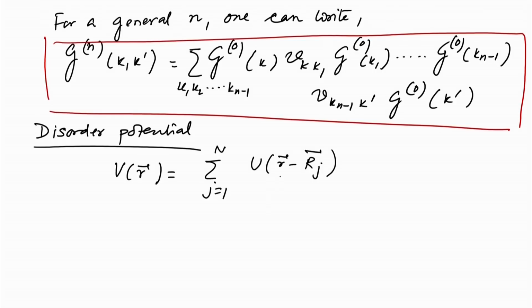When we sum over all these n sites which have all these disorder potentials, we get the total disorder potential, which is given by V of r. So, V of r is the total impurity potential, impurity or disorder, whatever you want to call it.